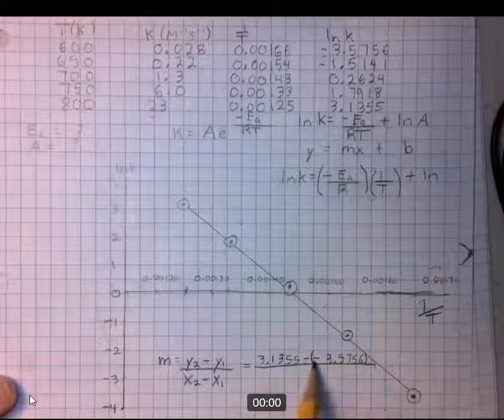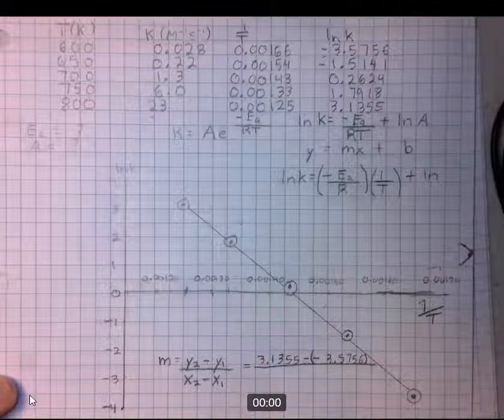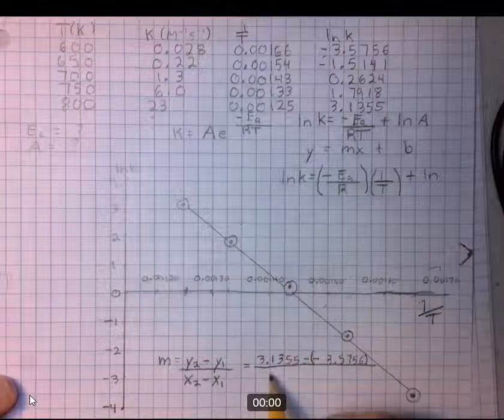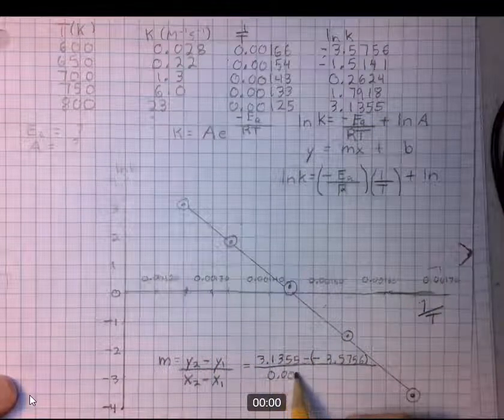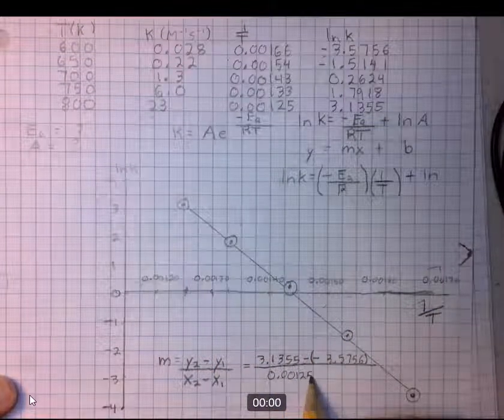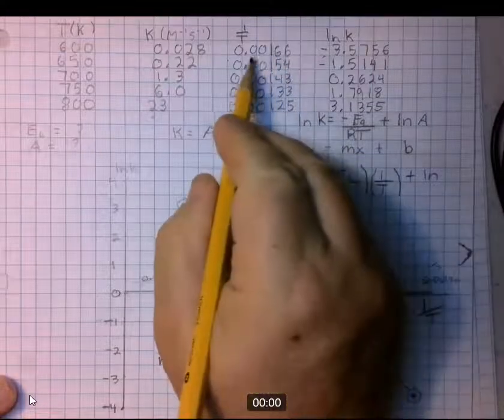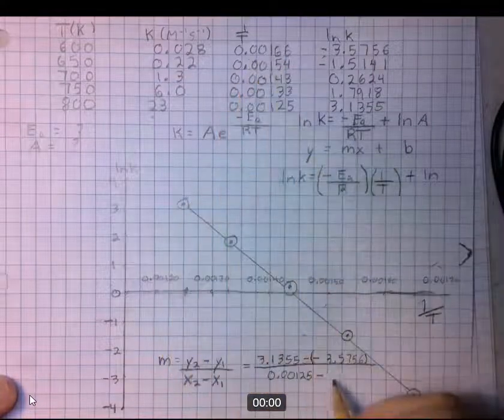So that basically turns into a plus sign. And then down on the bottom you have this 0.00125 minus 0.00166.